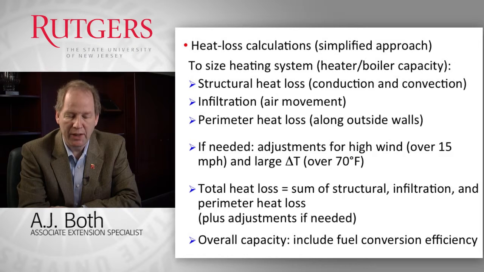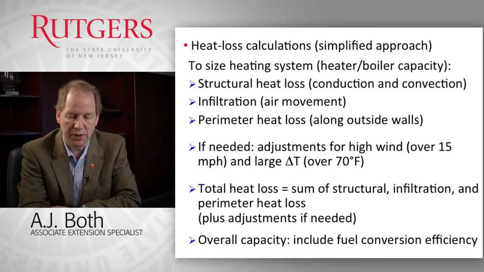So how do we calculate what the heating or boiler capacity needs to be when we talk about greenhouses? First of all, we need to know how much heat is lost during the coldest time of the year. And we can do that by calculating various heat transfer processes.